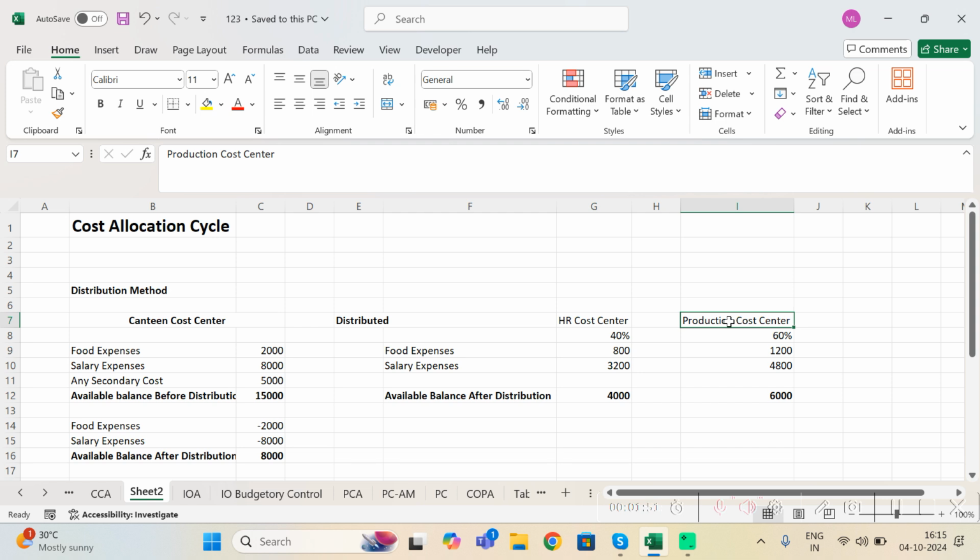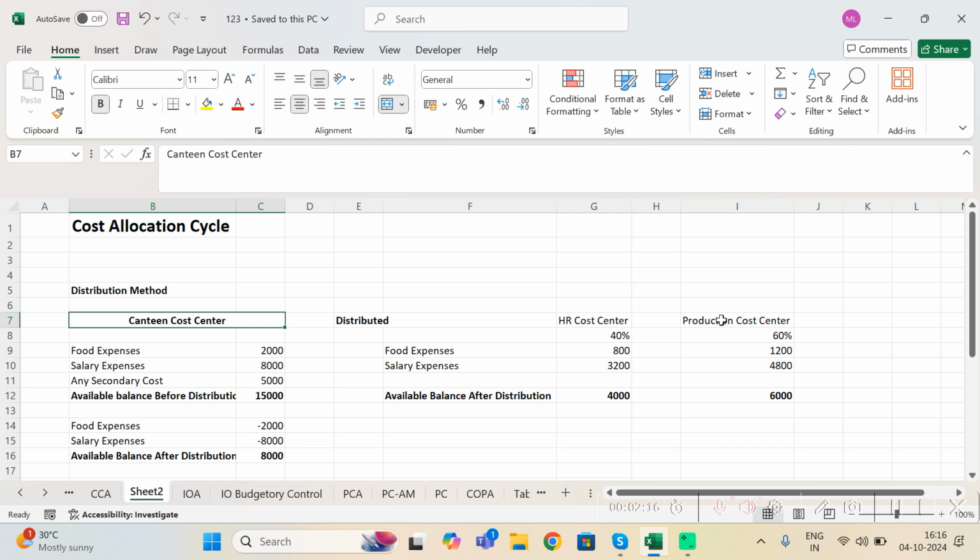Either you can use the percentage method, the fixed amount method, the ratio method, or the statistical key figure method. Let's say in the HR cost center fewer people are working, and in the production cost center more people are working. So based on the ratio of the people, you can distribute the cost from the canteen cost center to these two cost centers.